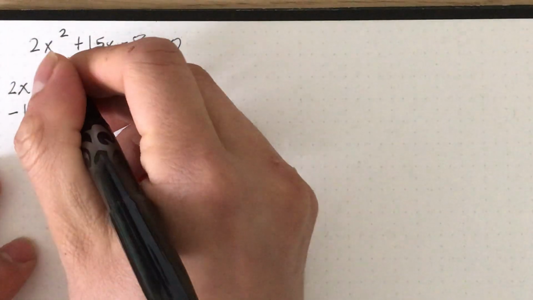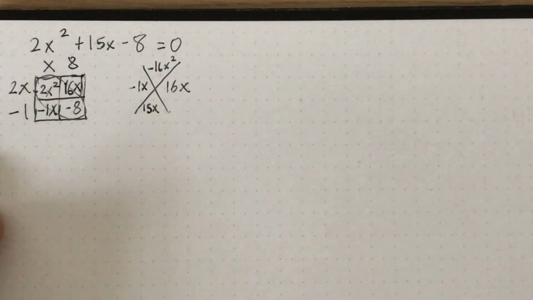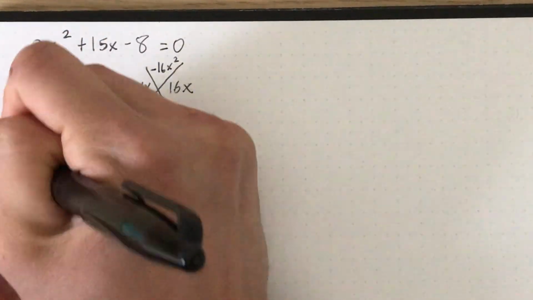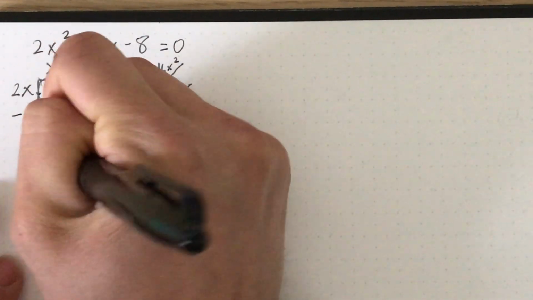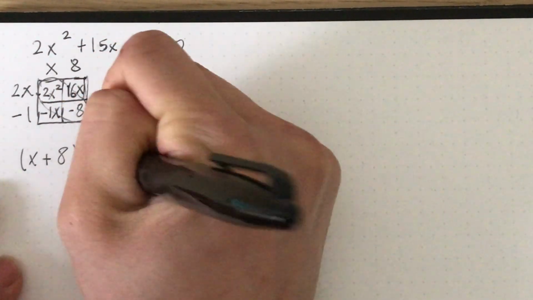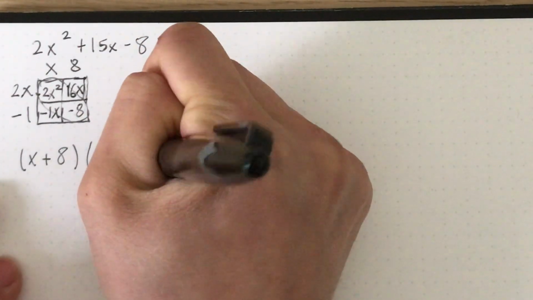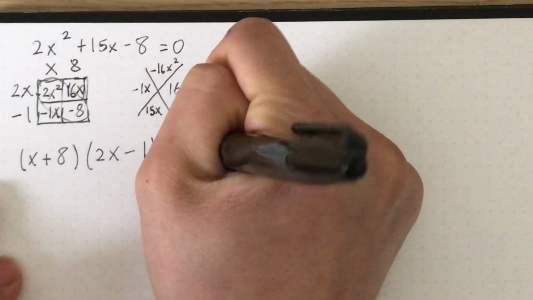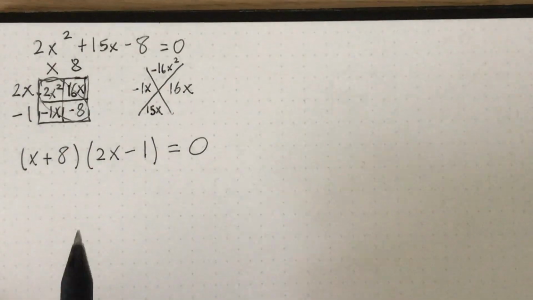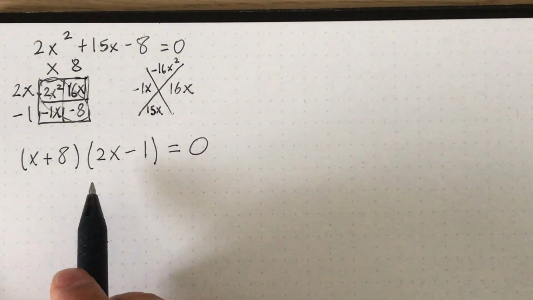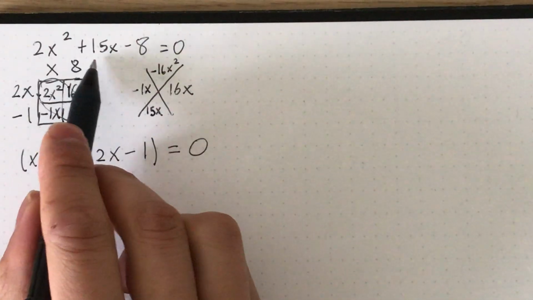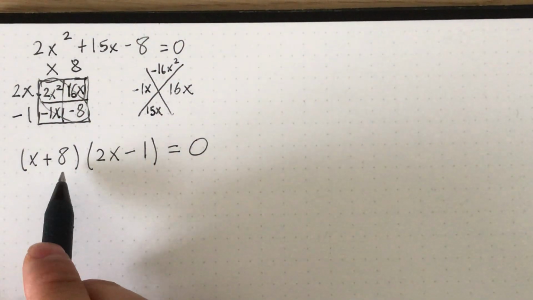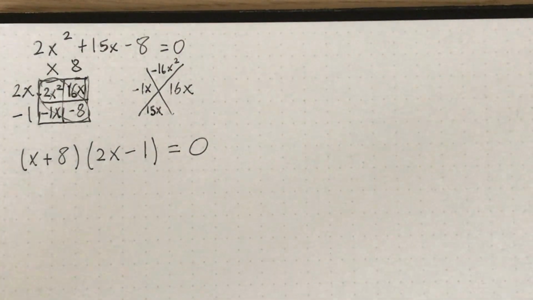So now that we have the length and the width, we can rewrite this as x plus 8 times 2x minus 1 equals 0. This is our new equation. We turned 2x squared plus 15x minus 8 into x plus 8 times 2x minus 1 equals 0.